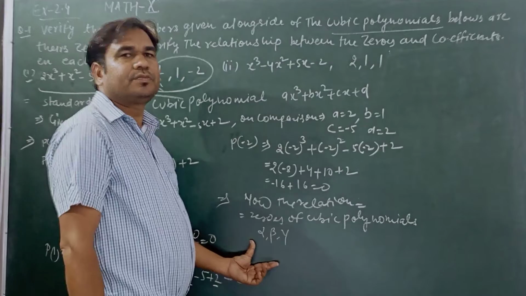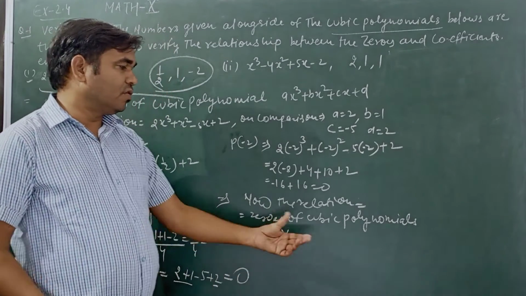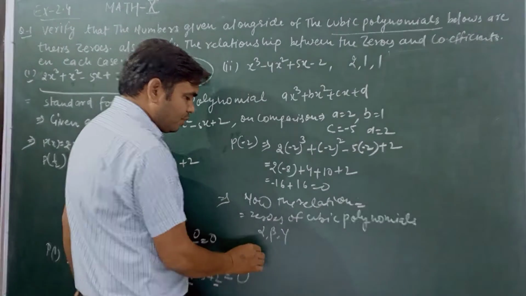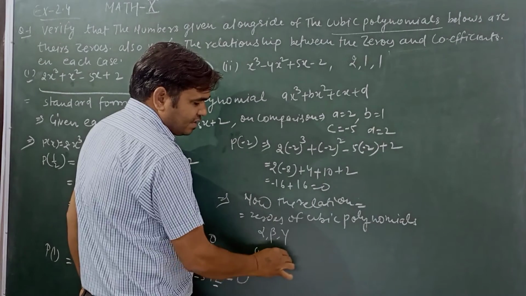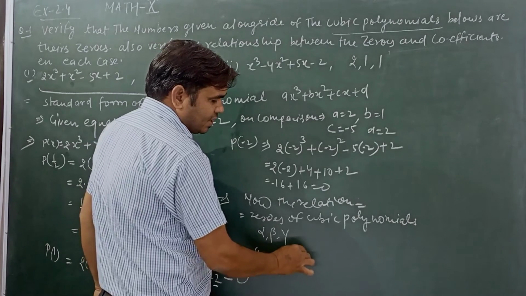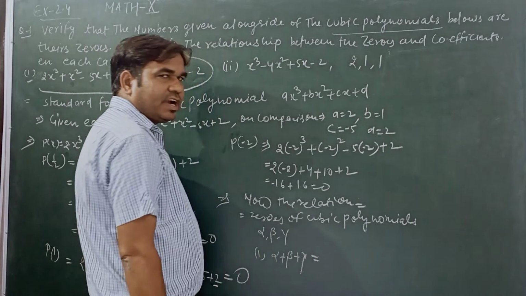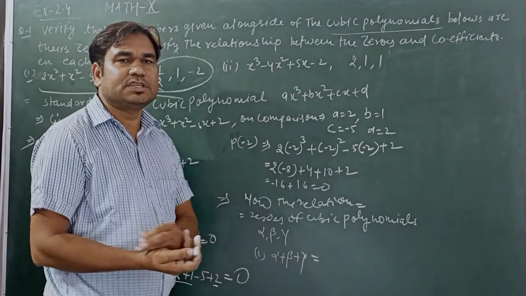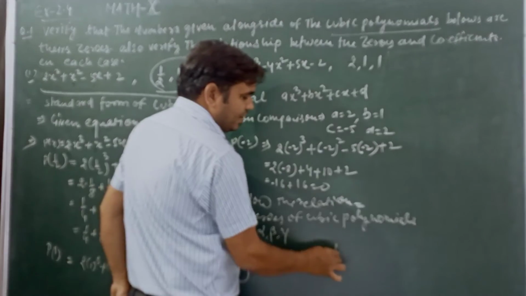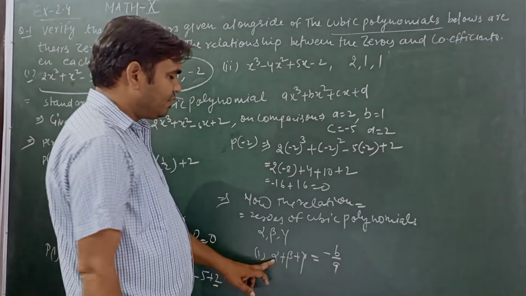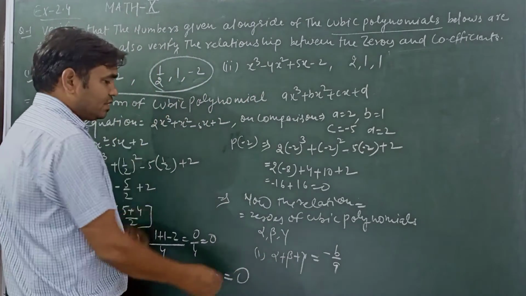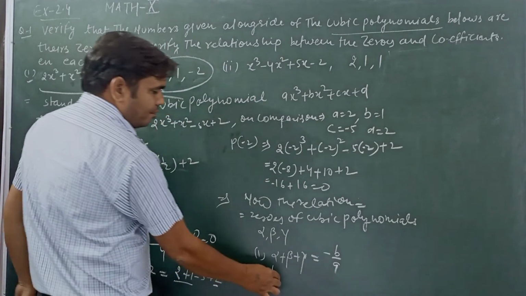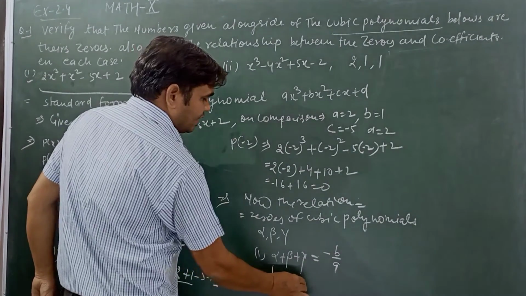So these are the three zeros of the cubic polynomial. The first condition is the sum of zeros, alpha plus beta plus gamma, which should be minus b over a. Here we take alpha as 1 over 2, beta as 1, and gamma as minus 2.